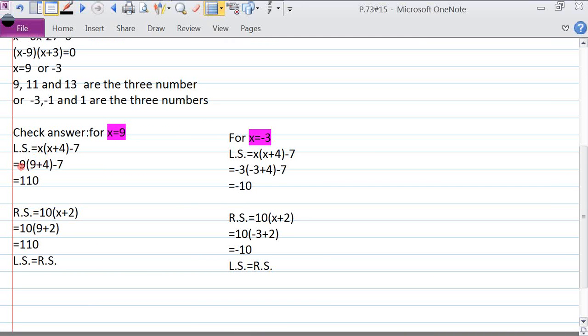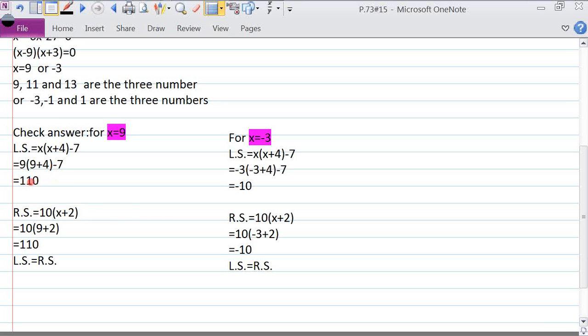Here I put 9. 9 plus 4 is 13. 9 times 13 is 117. And I subtract 7, I get 110. So 9 plus 4 is 13. 9 times 13 gives me 117.